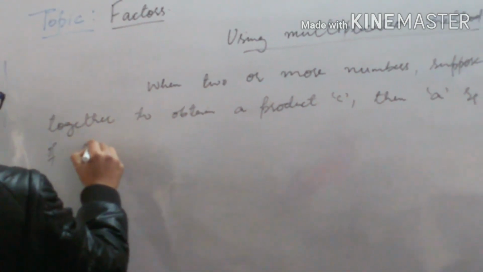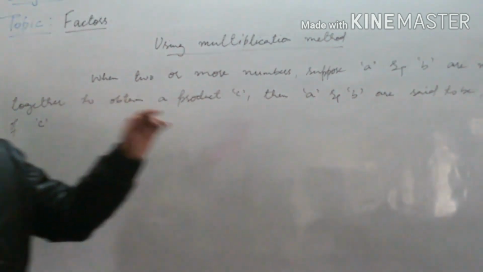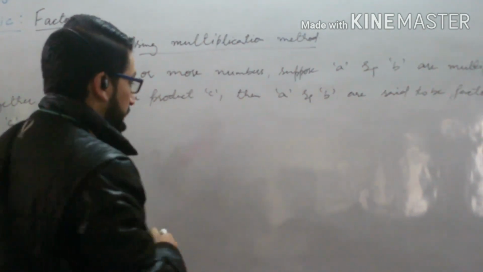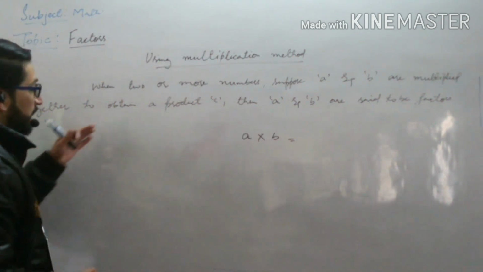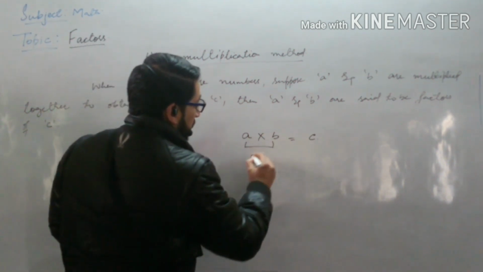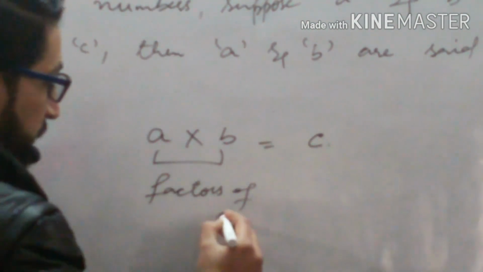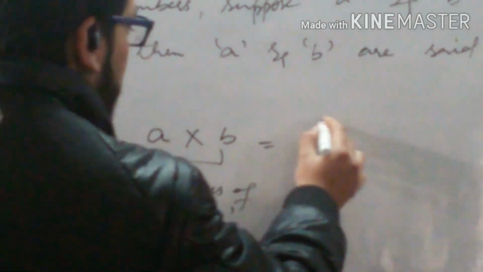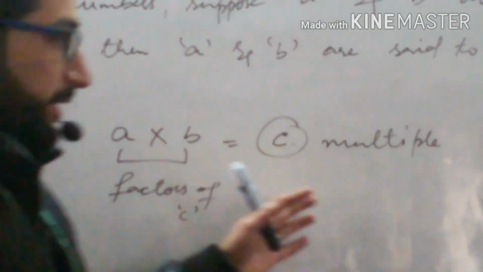So in this definition, I have already told you that when two or more numbers, suppose A and B, are multiplied together and we obtain a product that is C, then A and B are factors of C, and C here is the multiple of A and B. But this can't be understood this way.